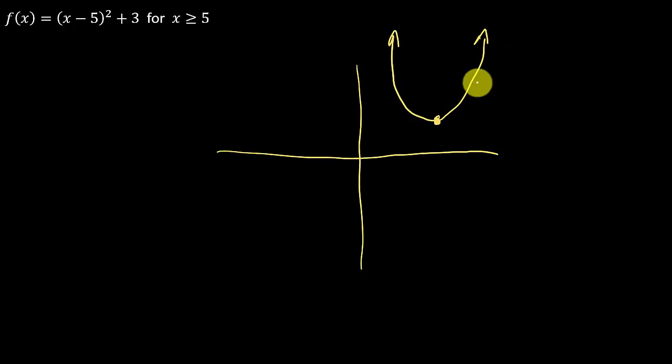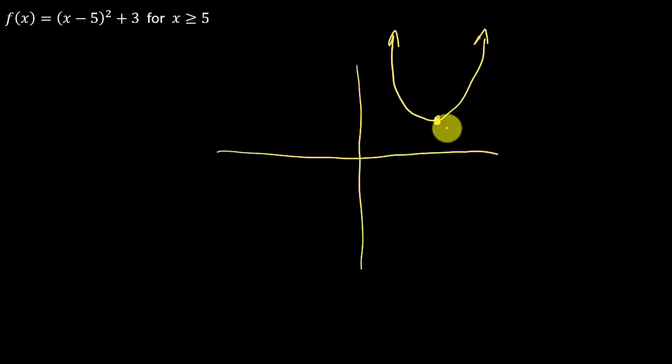If we look at the quadratic function as it is and draw a horizontal line through it, notice it intersects in two spots. That means it's not 1-to-1, so it doesn't have an inverse. But by having x greater than or equal to 5, we're restricting the domain.